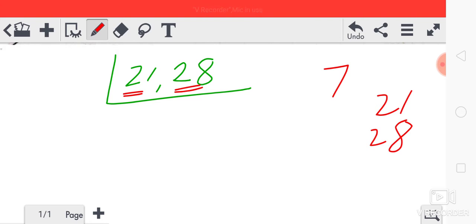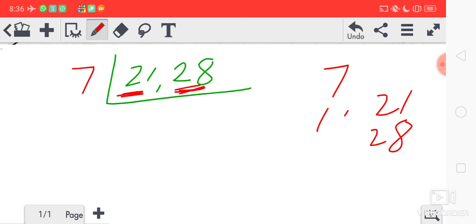So whichever number we get, which is a factor of both the numbers, that number we will take. So we are taking 7 here, because 21 is a multiple of 7 and 28 is also a multiple of 7. So 7, 21, and in the table of 7, in how many times will we get 21?